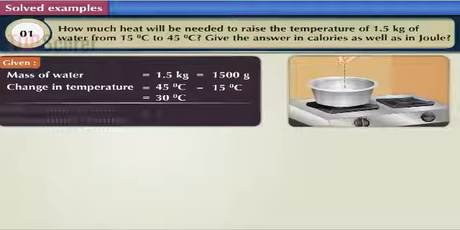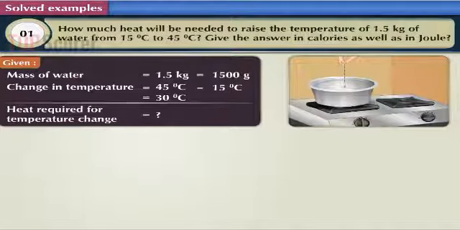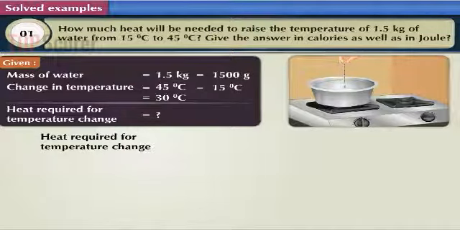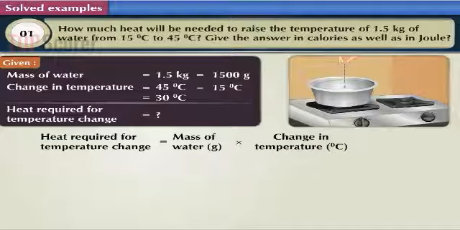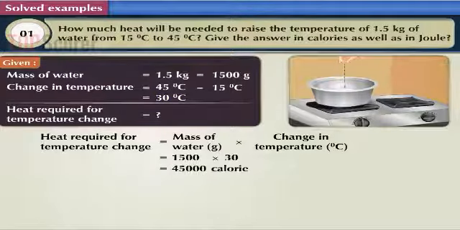We need to find out heat required for temperature change. We know that heat required for temperature change is equal to mass of water expressed in grams into change in temperature expressed in degrees Celsius, which is equal to 1,500 into 30, which is equal to 45,000 calories. We know that 1 calorie is equal to 4.18 joules.